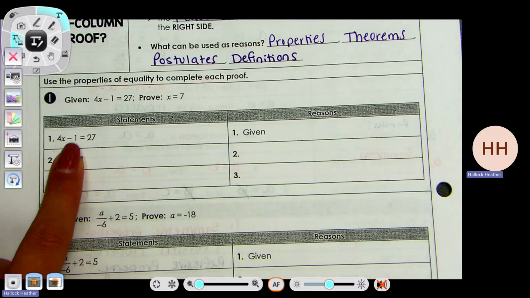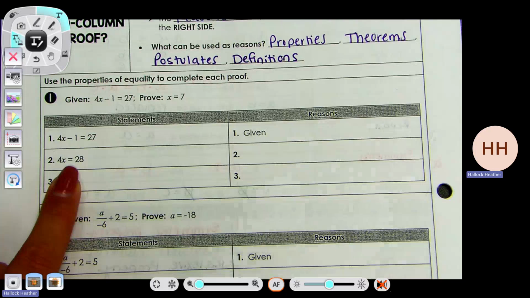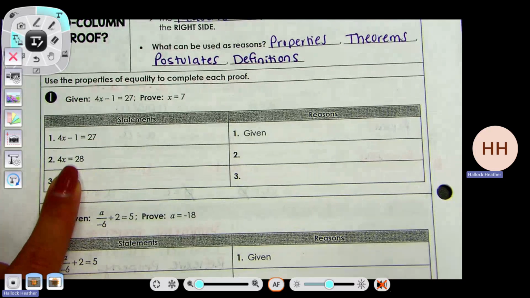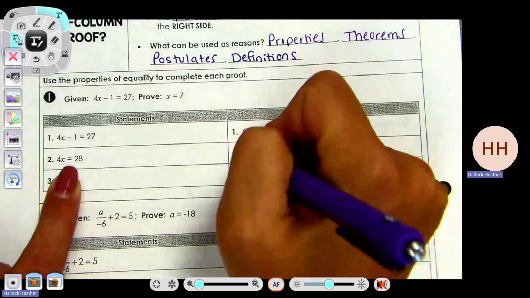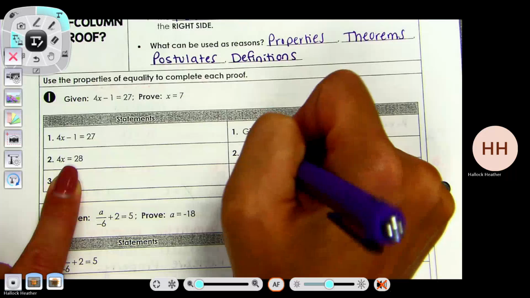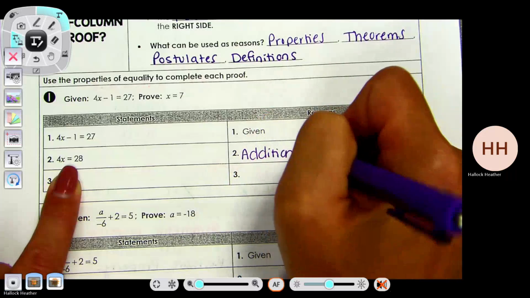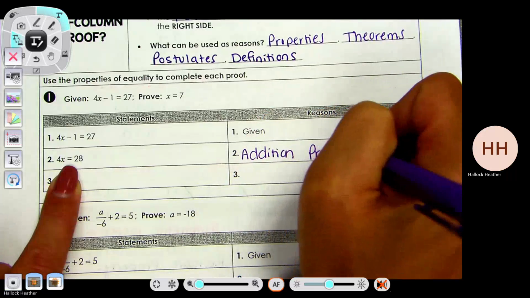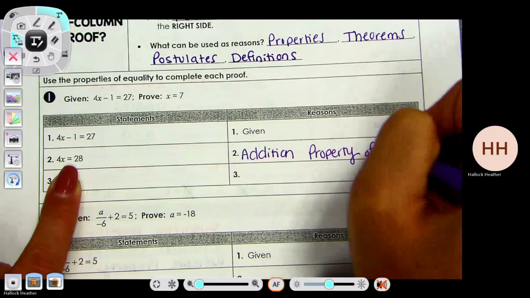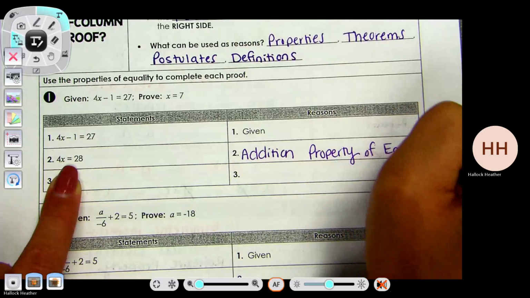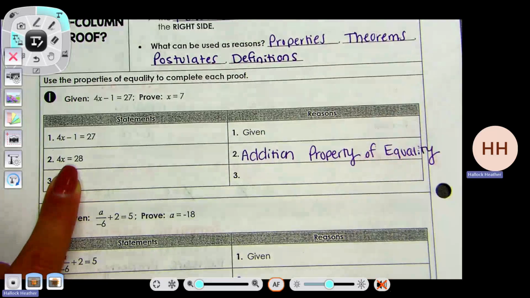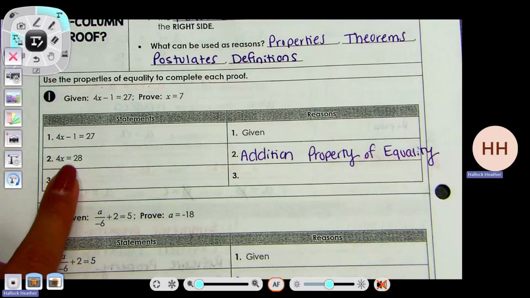You would add 1. And that's how they get 28 because the problem's already solved for you. So if you want to show that you're adding 1 to both sides, you can. You don't have to. So we're going to say addition, property of equality. Because it's a property, addition property of equality from middle school.